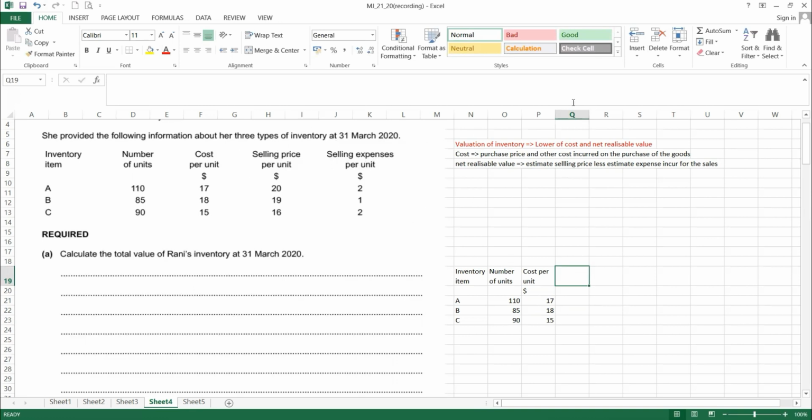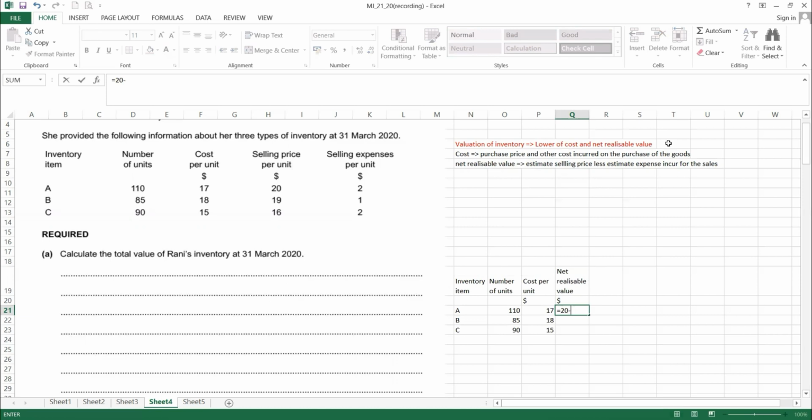This one actually is the net realizable value. We take the selling price, 20 minus $2, so we get 18. Whereas 19 minus 1, we get 18. And then another one, 16 minus 2, 14. So now we need to choose which one is lower. Compare these two, 17 is lower.